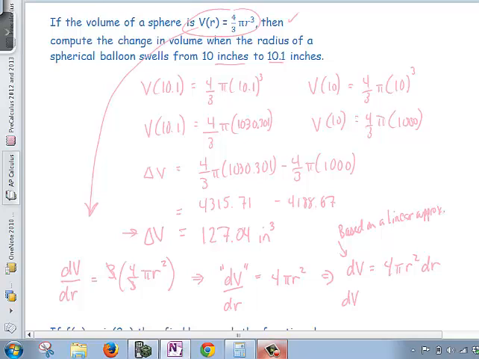But let's look at how accurate it is. The change in volume is equal to 4 times pi times the original radius I had. Notice I didn't put 10.1 in there, I just put 10 in. I'm going to square it, but here where I have the dr, that represents the change in the radius. So I'll put in 0.1.